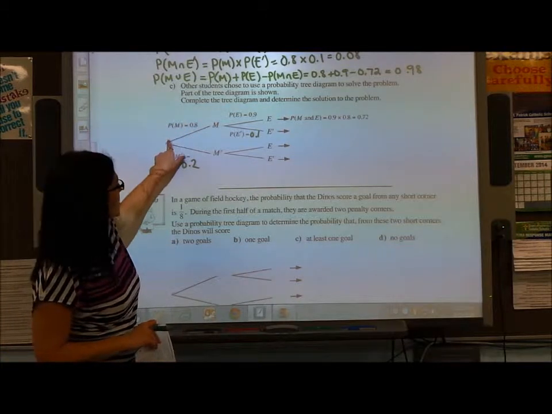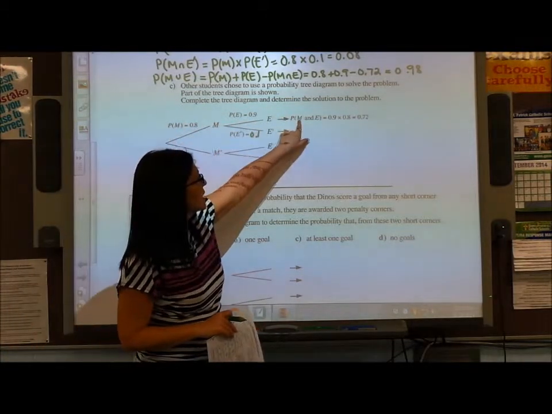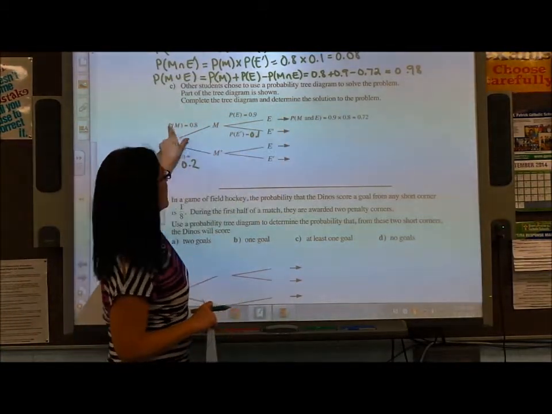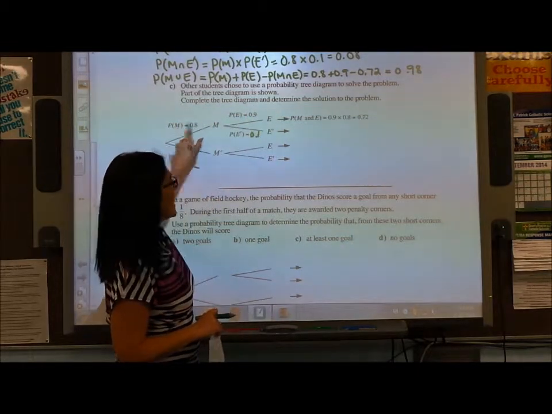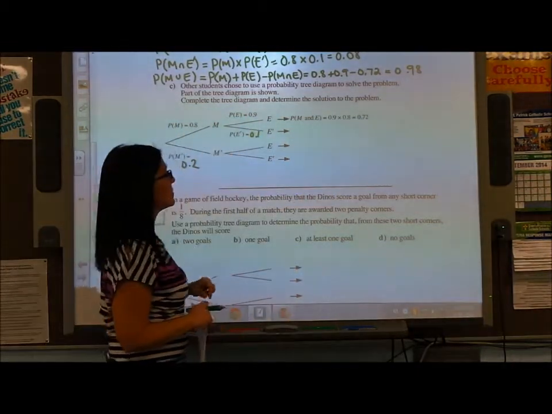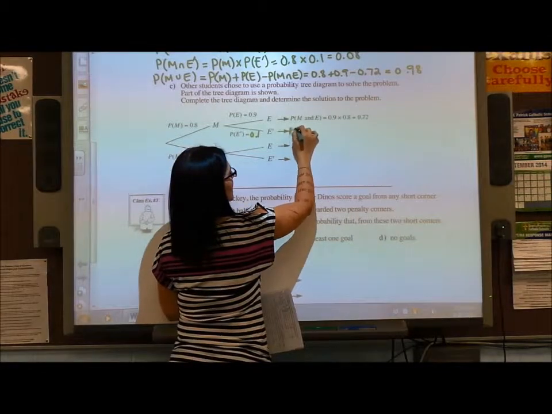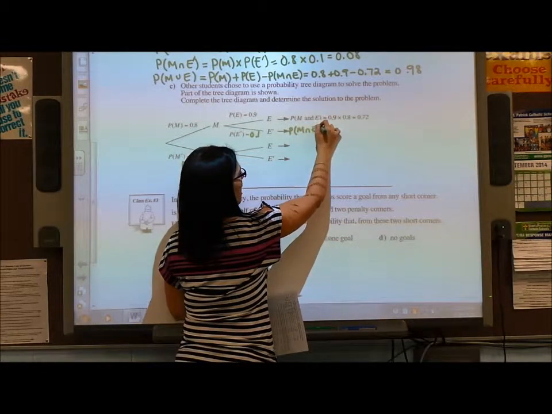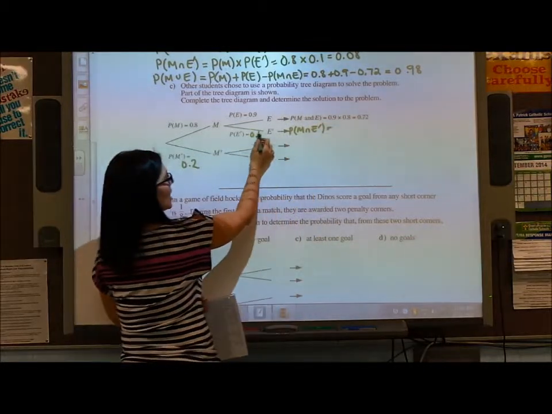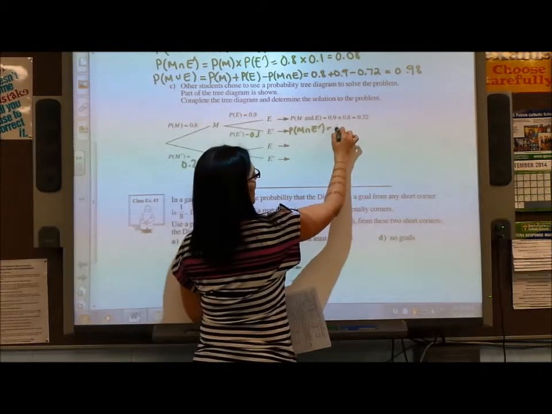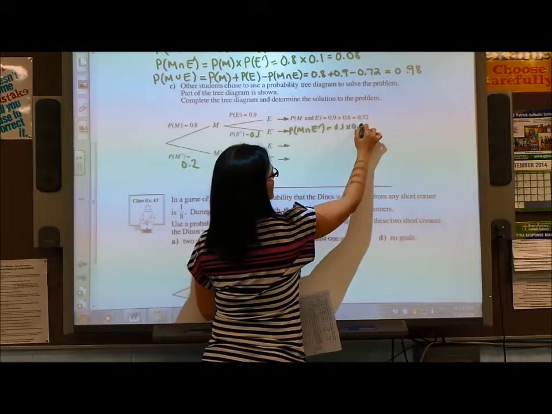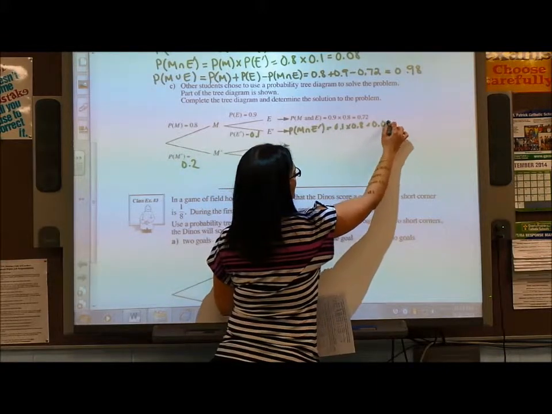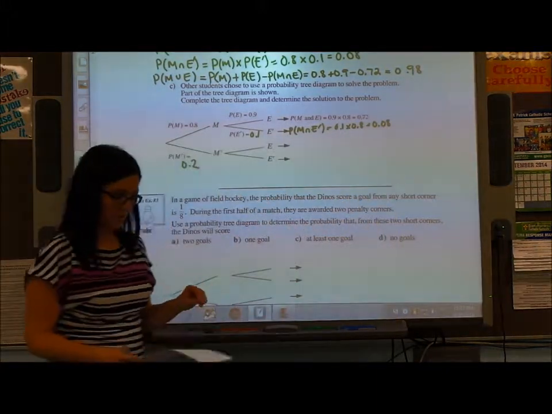So if I follow the tree diagram, the probability that she passes math and English becomes 0.9 times 0.8, which is 0.72. The probability that she passes math and not English becomes 0.1 times 0.8, or 0.08.